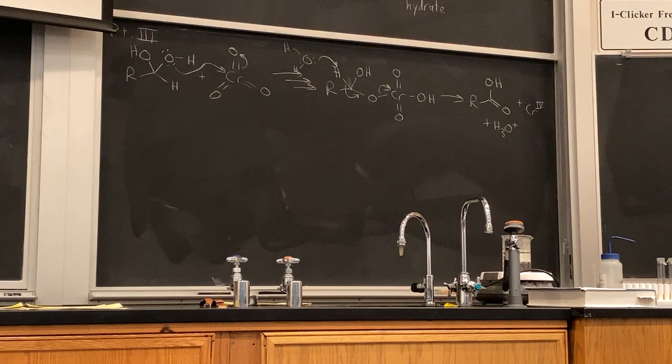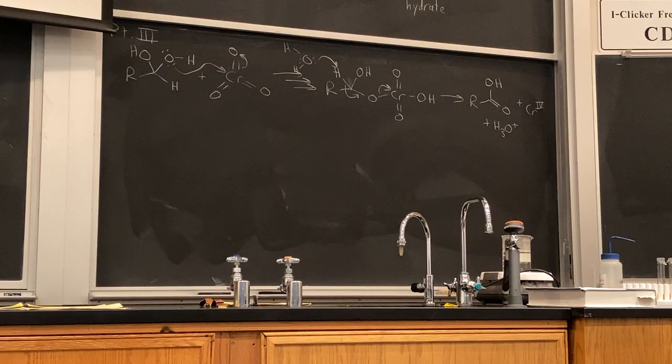As we form hydrate, it gets converted irreversibly into carboxylic acid, and according to Le Chatelier's principle, some of the aldehyde will react to give the hydrate. So we can drive the reaction through an unfavorable equilibrium by having an irreversible process after that equilibrium. Any questions?